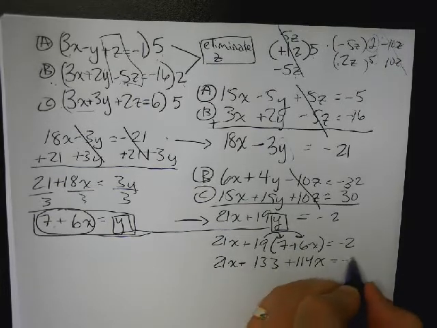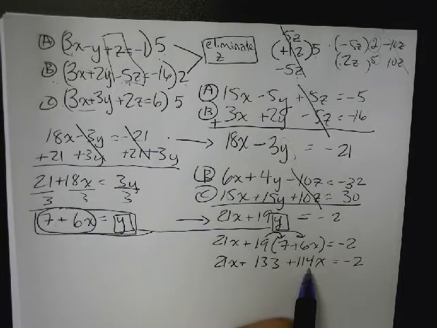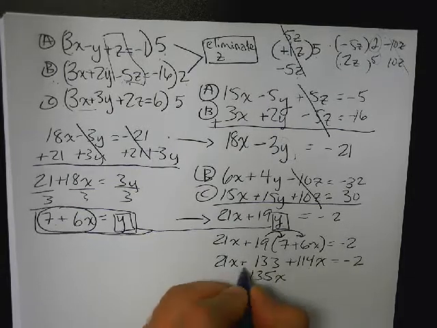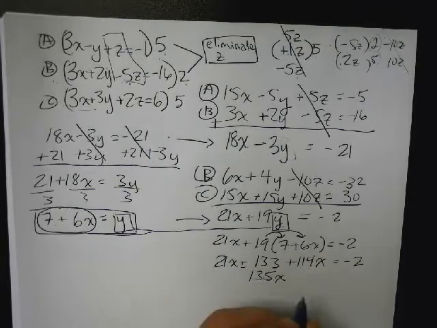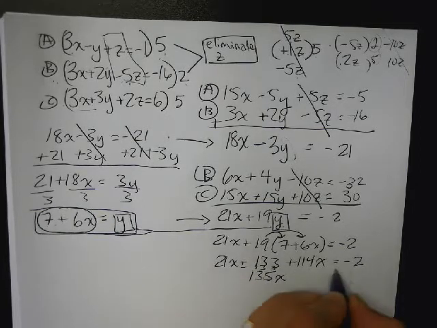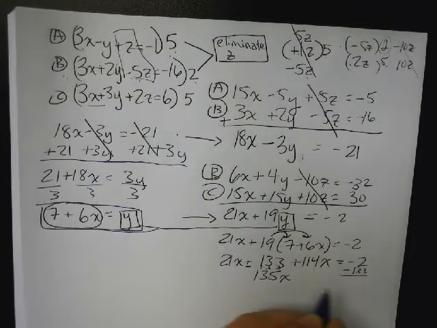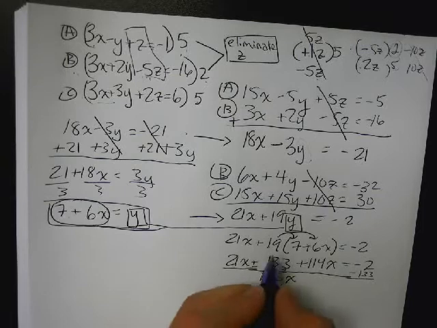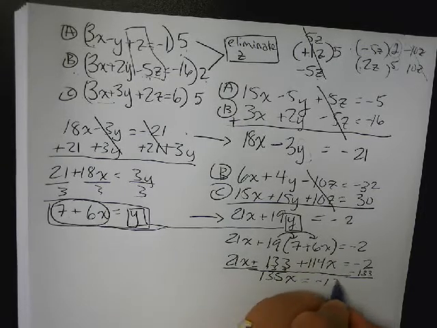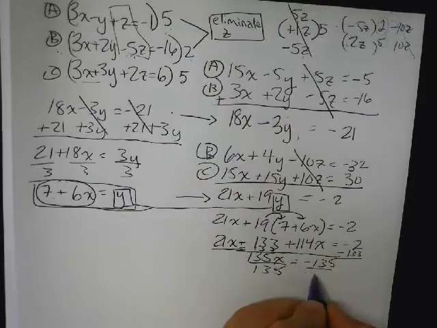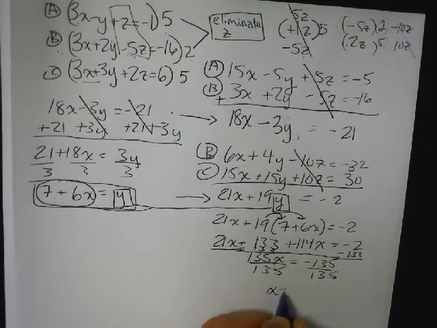And then equals negative 2. 114 and 21 will get me to 135. And then I'm going to subtract this 133 here. Minus 133, like that. Dividing by 135, I get x equals negative 1.